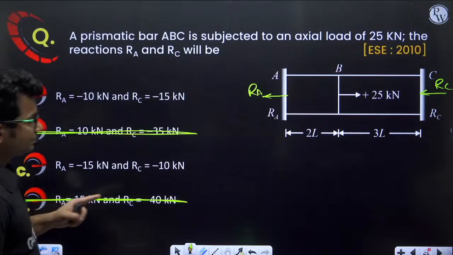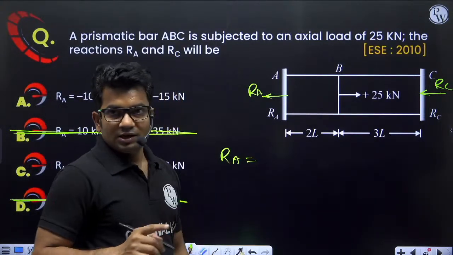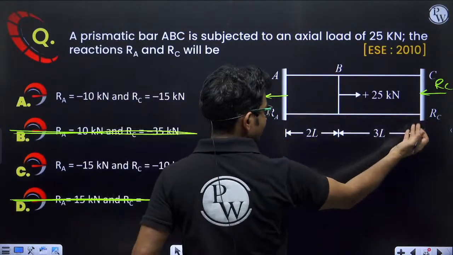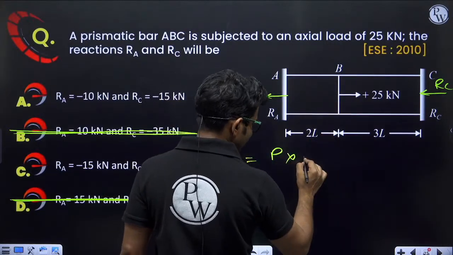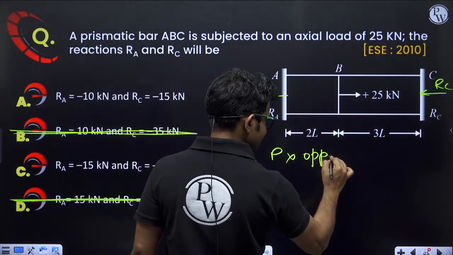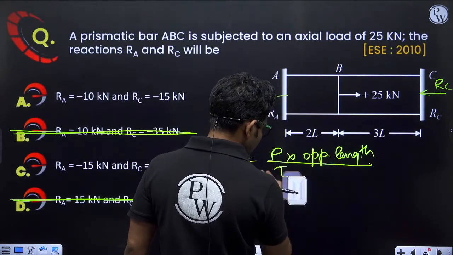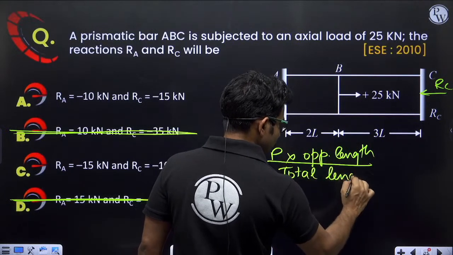Now what will be the value of RA? RA will be the applied load into the opposite length, divided by the total length. This will be the value of the support reaction.